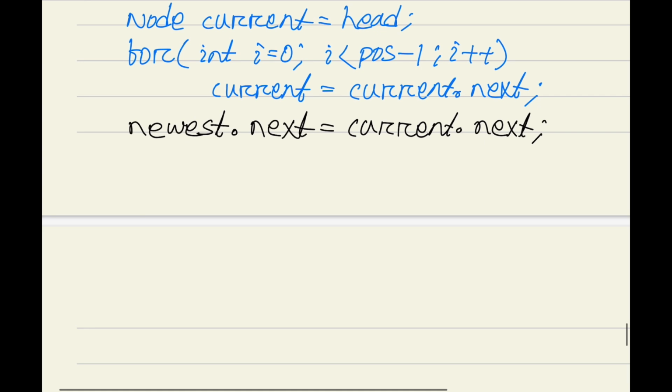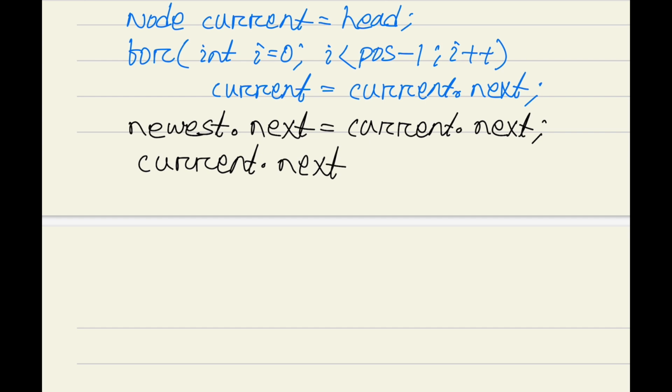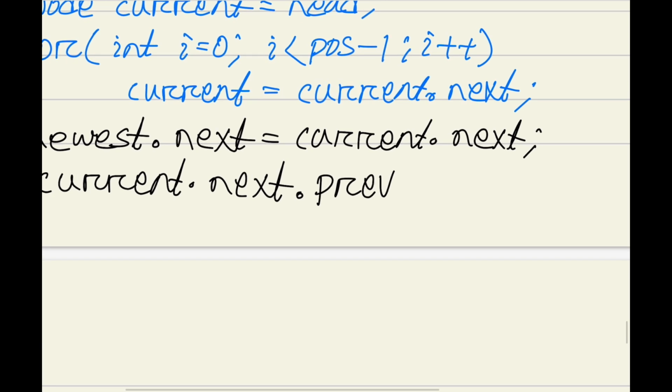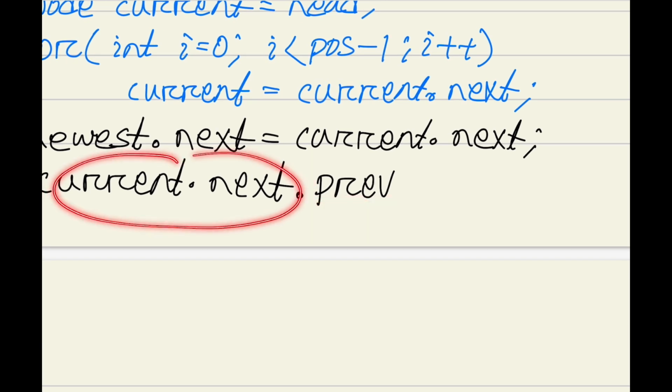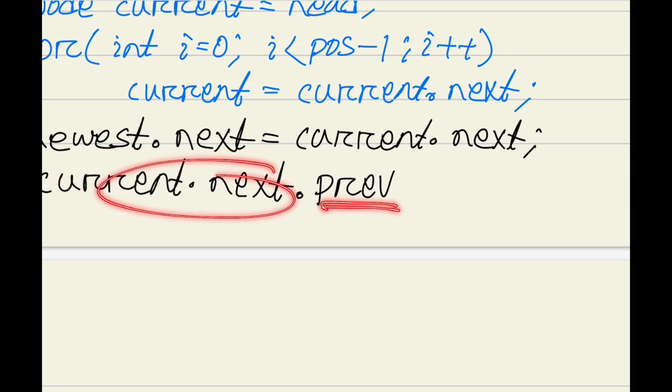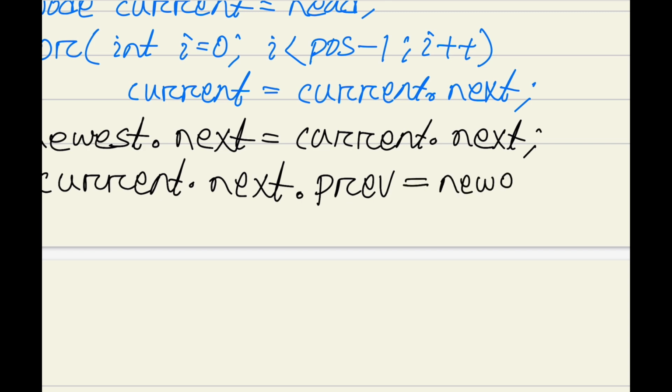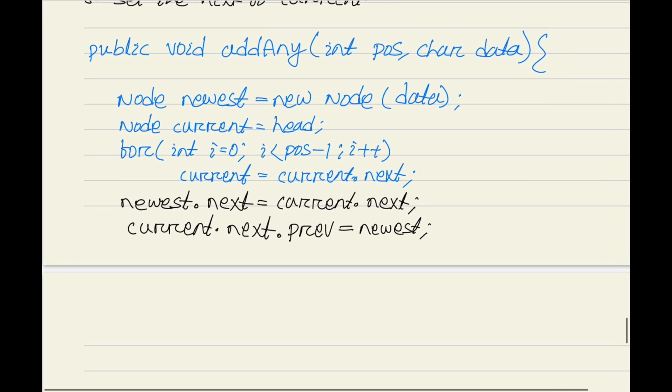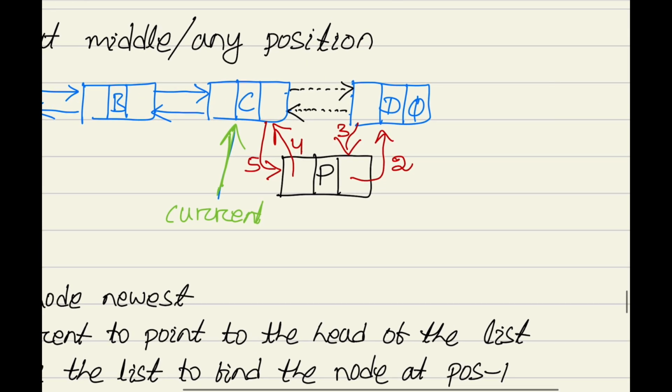So that thing we are going to write here: current dot next dot previous. The previous of current dot next means the previous of D. So the previous of D is going to refer to the newest node. So here we can write newest. Now these steps complete. So here you can observe step 3 and step 2 complete.